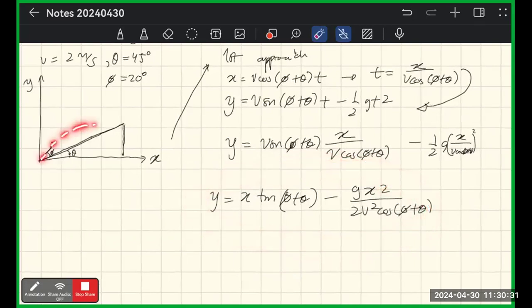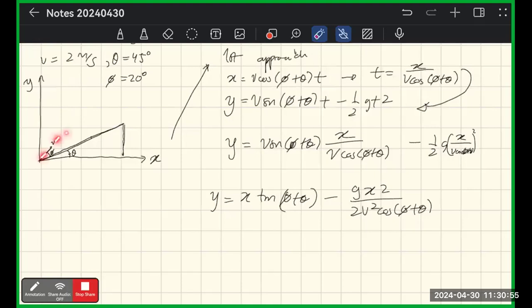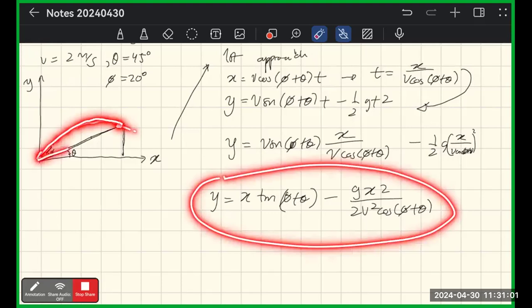you'll get this graph of y as a function of x, and just by looking at the math, when it hits the plane, when it hits the platform, it is an intersection point between this y as a function of x and this linear function.